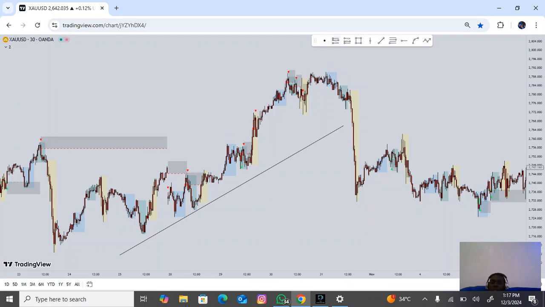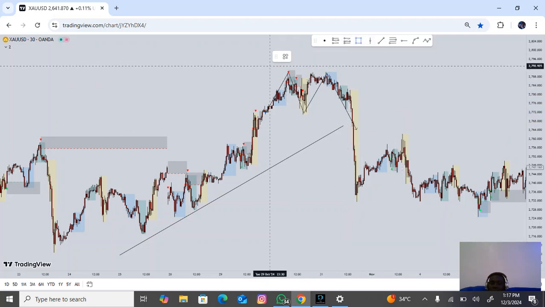Okay, so as you can see now, this is the double top right here. If I was to trade this, I identified this as a double top, then I spotted the neckline.